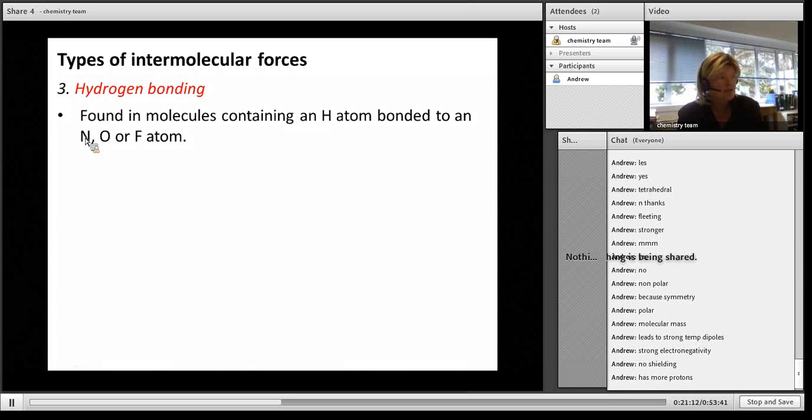So these are all very small atoms and very electronegative. The next layer down of sulfur, phosphorus, chlorine are bigger, so they can't attract those bonding electrons from the hydrogen as much. So you have to identify that there has to be a hydrogen covalently bonded to one of these atoms.